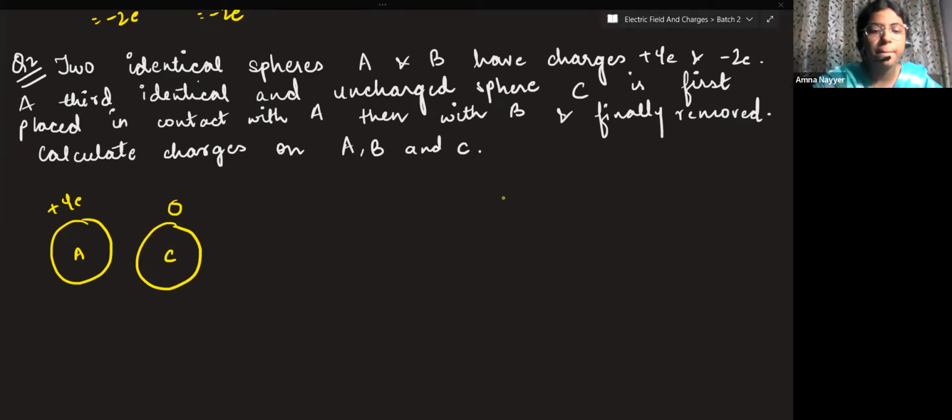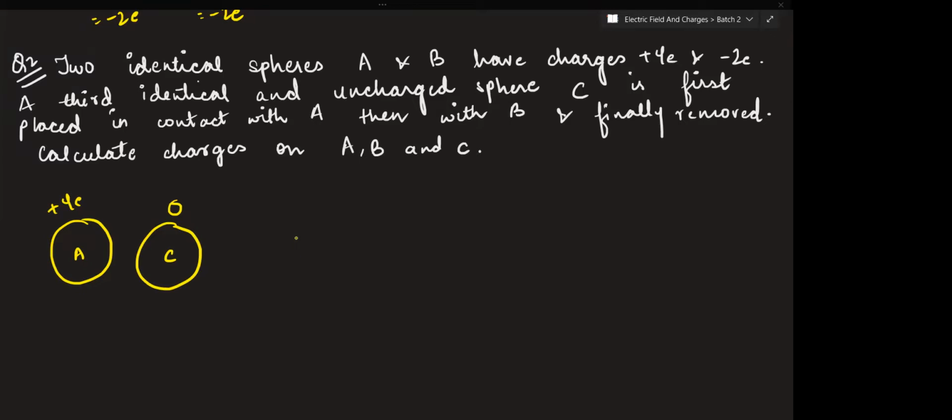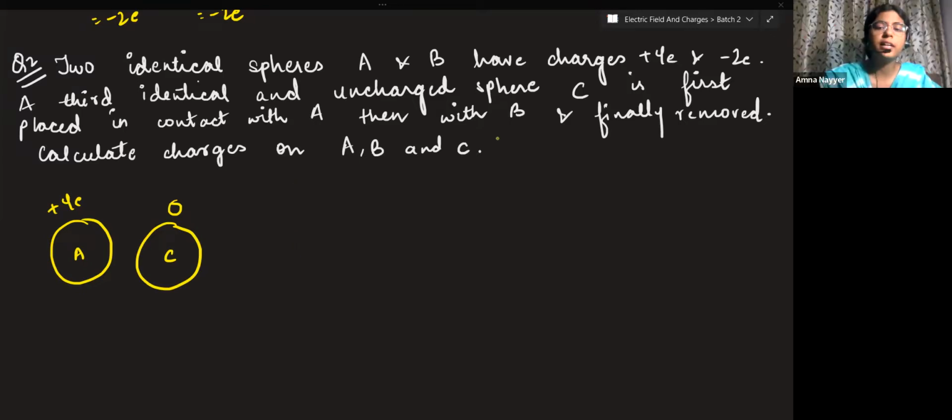Hafsa, answer. Try it yourself. If 4E is here, 0 is here, both of these are equal. So if you have 4E with you, you have to divide it between two things. How much will each receive?